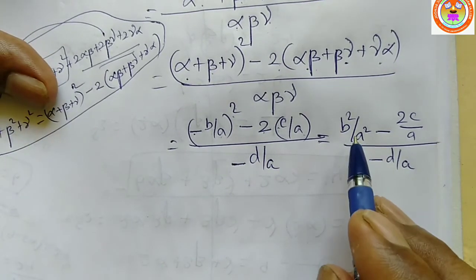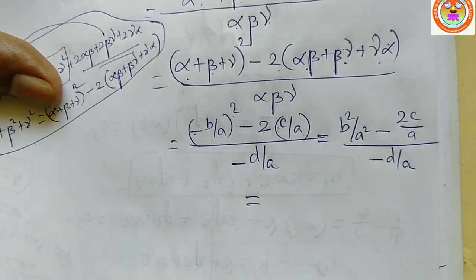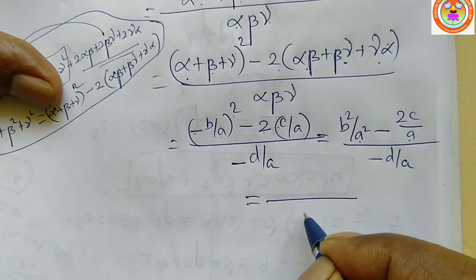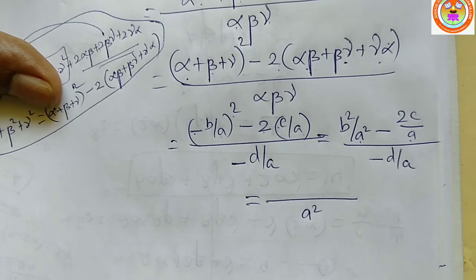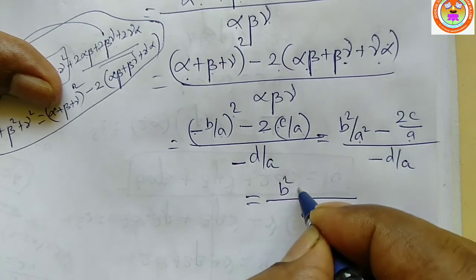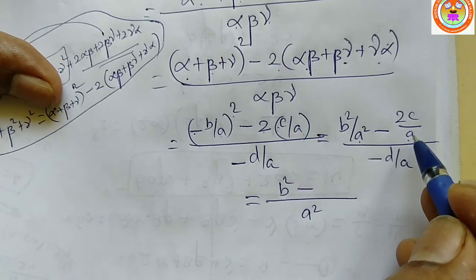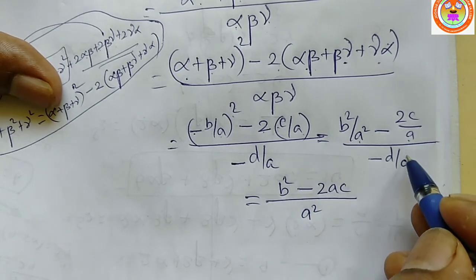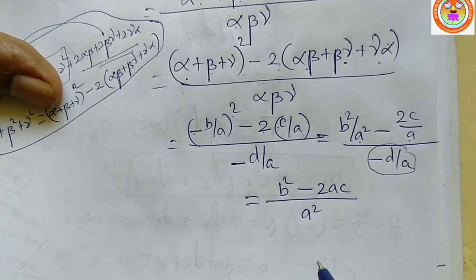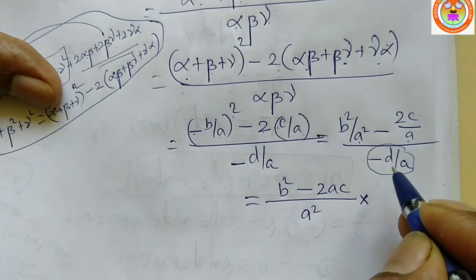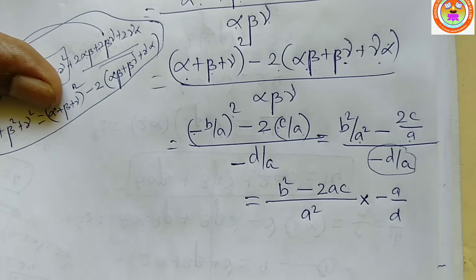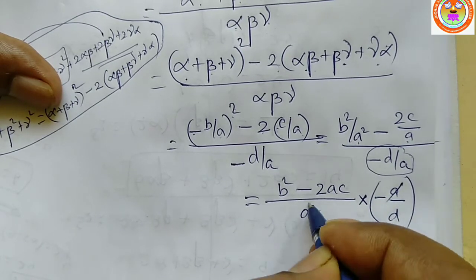If you are taking the LCM of the numerator, we will get, see, a square and a. So a square is the LCM. So here we will get b square minus, here we need to multiply with one a, so 2 into ac. If you are rewriting this denominator, see, minus d by a, if you are multiplying we want to write this as the reciprocal, that is minus a by d. 1a and 1a getting cancelled.